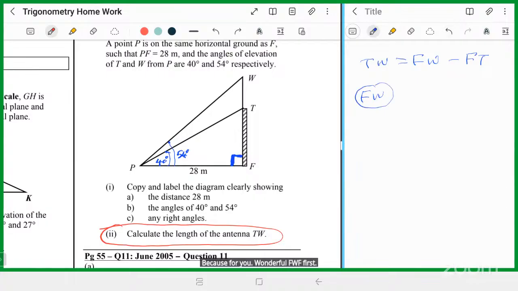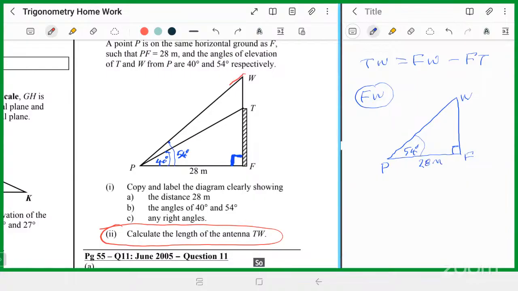So I'm going to work in a big triangle like this, where the angle in here is 54 degrees. This is a right angle. The foot is F. At the top is W. Out here is P. And right here is 28 meters. So that's this big overall triangle we're working on now.